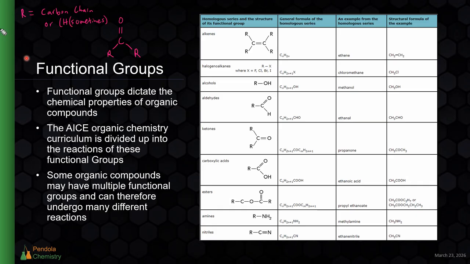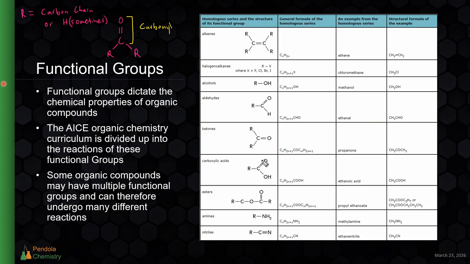So only sometimes can it be hydrogen. Anytime you have this carbon double bond oxygen group right here, it's called a carbonyl group.